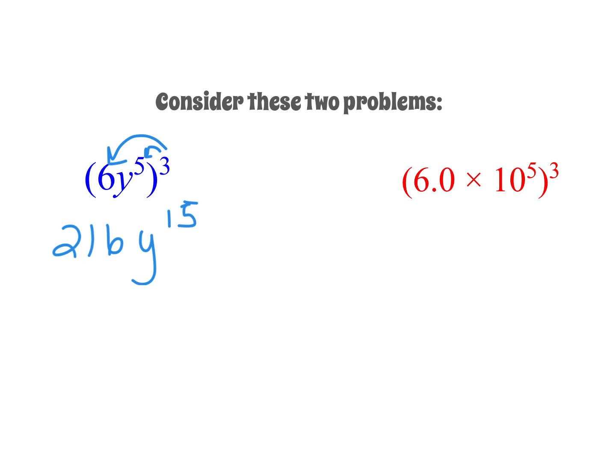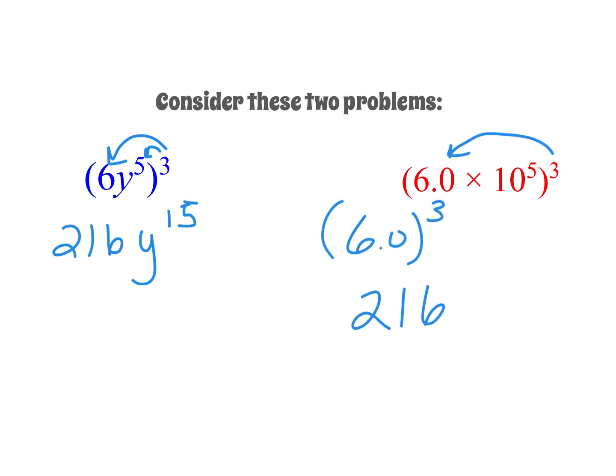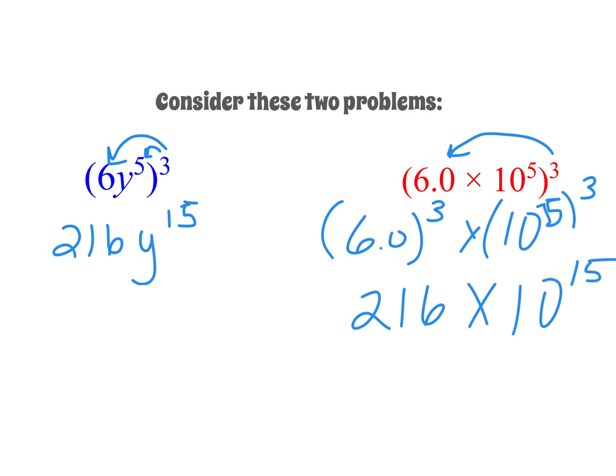We apply that same rule to scientific notation, right? If I'm going to bring that 3 in, I'm essentially just doing 6 to the third power, which is 216, times 10 to the 5th, that whole thing to the third power, that's going to give me 10 to the 15th.